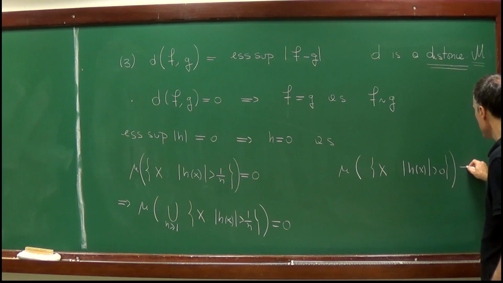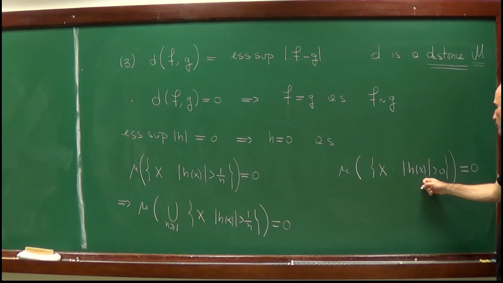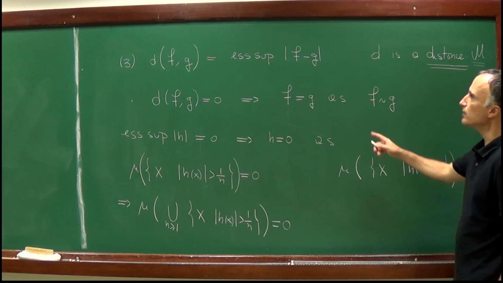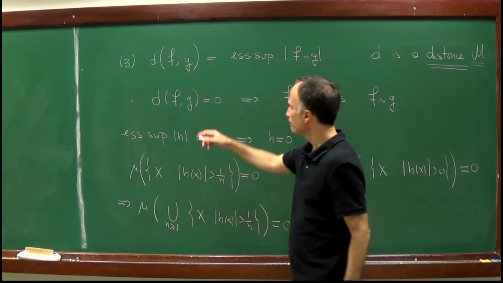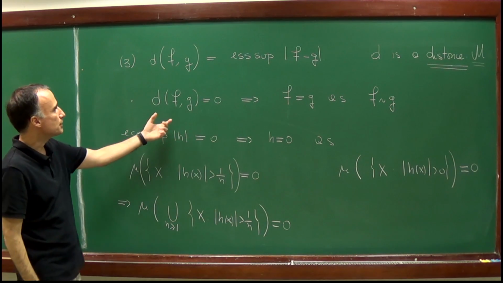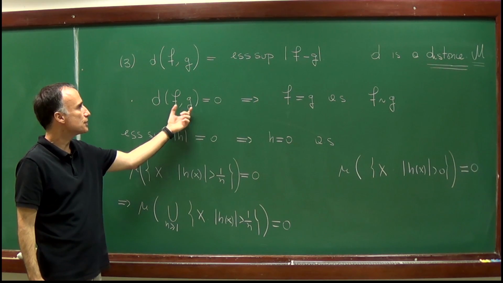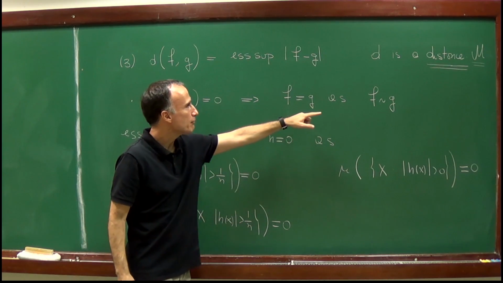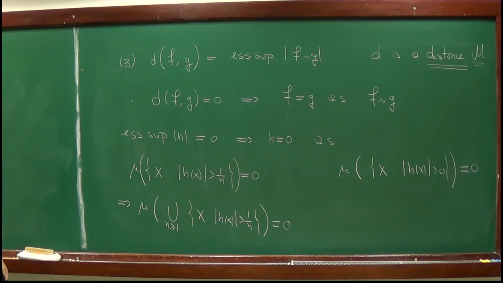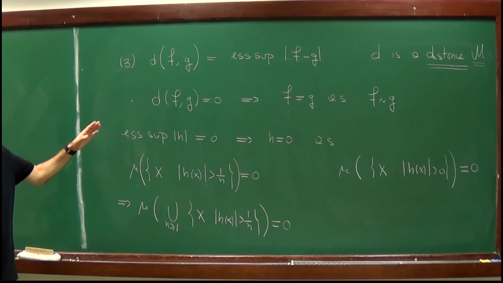So this set has measure 0, and this shows that h is equal to 0 almost surely, and therefore that one of the properties of the distance is fulfilled, which means that if the distance of f and g is 0, then f is equal to g. They belong to the same equivalence class. So this is a first property.